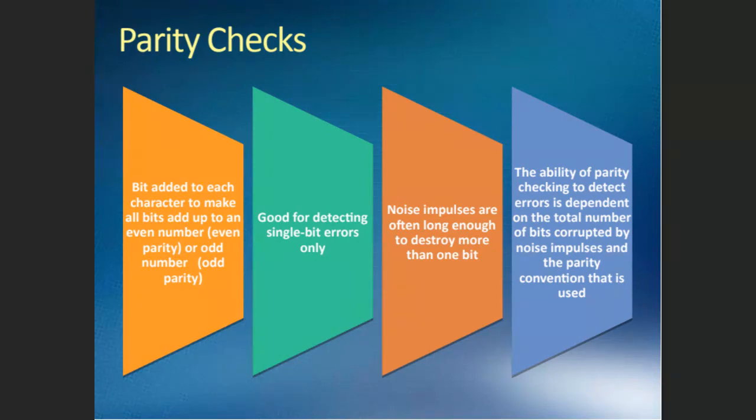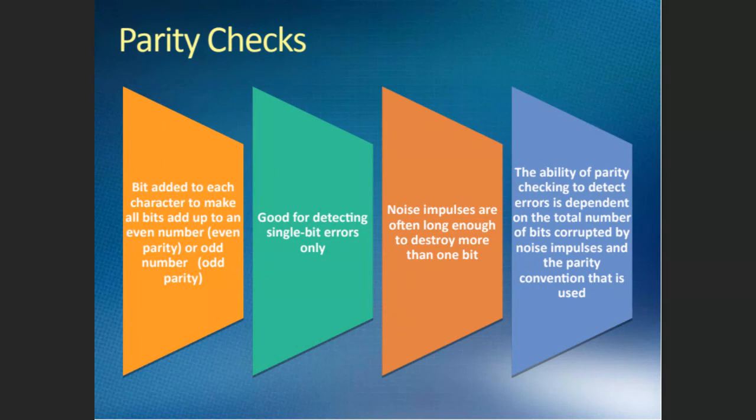Imagine I lost 2 bits. So it's still even, or it's still odd. But the receiver will not know. He will think that maybe you lost only 1 bit, or 1 bit is damaged. 10 bits could be damaged, and the receiver will think only 1 bit is damaged. So it's not really a very efficient way.